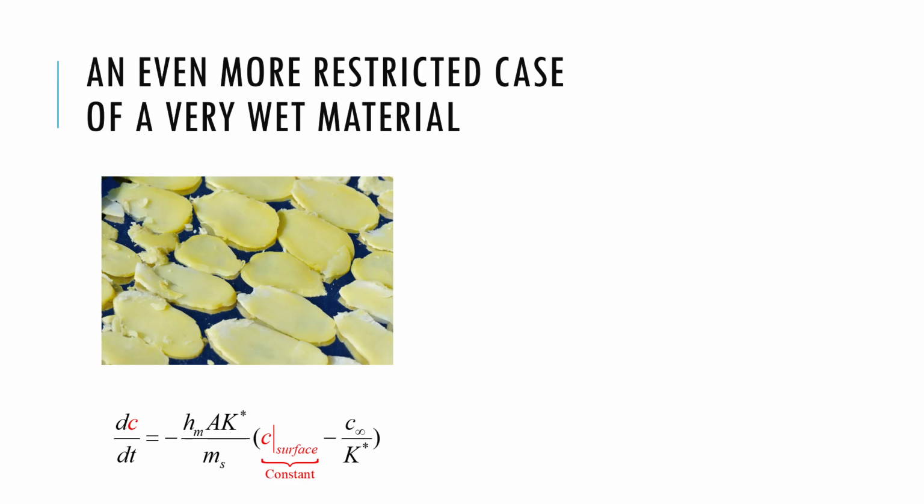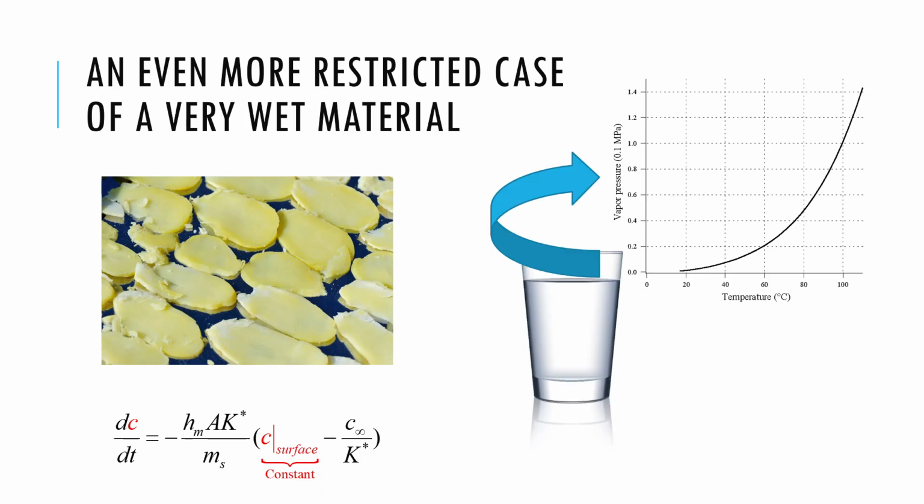When the material is very wet, its surface behaves very much like the surface of pure water. And the amount of vapor above the surface of pure water is given by the vapor pressure of the liquid, which is only a function of temperature.